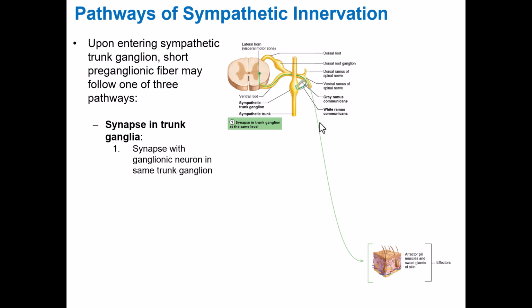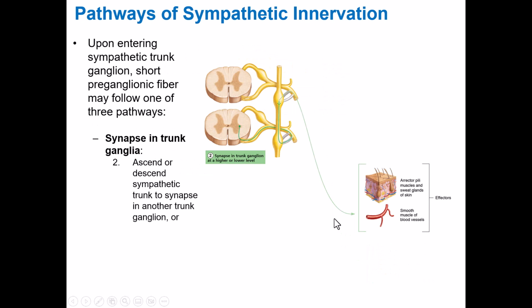In this example, the preganglionic neuron is leaving the spinal cord through a spinal nerve, and it reaches the sympathetic trunk ganglion, and there it synapses with the postganglionic neuron. Everything is staying on the same level vertically. And then that postganglionic neuron heads to an effector.